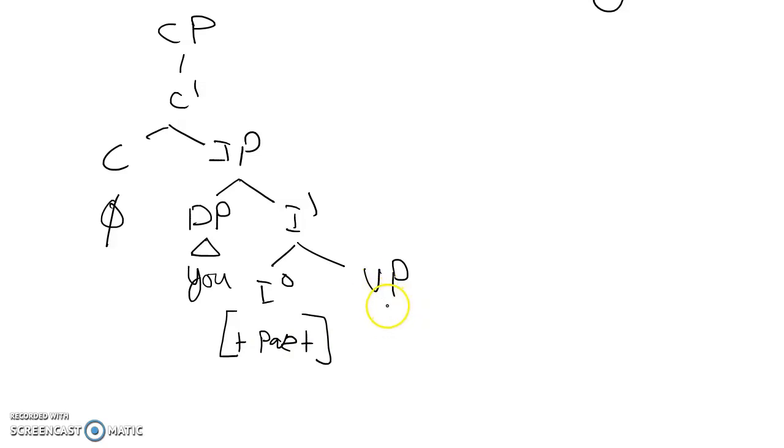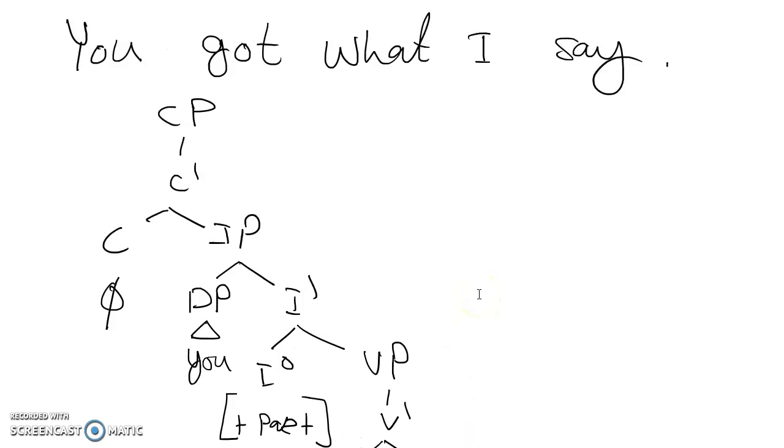Then I have to think about this verb phrase. Now this verb phrase consists of a V bar, and the V bar consists of a verb and its object, let's say, or its complement. So simply, traditionally, we have said that this is a verb phrase and this is an object for the verb phrase.